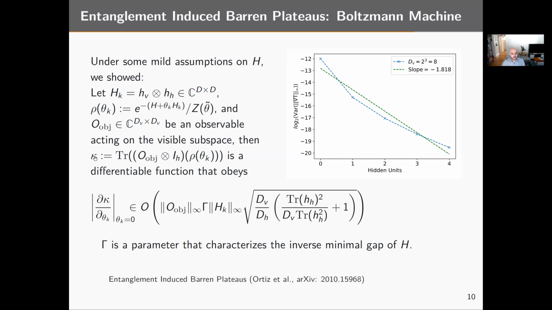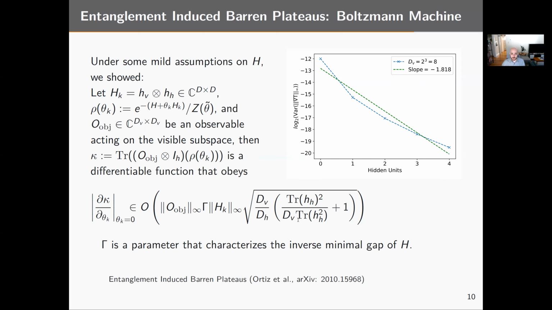So we see that with these assumptions, this trace here is a differentiable function where the derivative obeys the following scaling. If we take the derivative of kappa along the k dimension when theta goes to 0, we see that this derivative also follows root dV divided by dH.